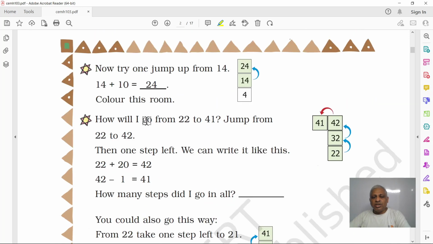And how will I go from 22 to 41? You can jump one row above and another row above, 32 to 42, and then from there you can travel one room to the left, right? That's simple.